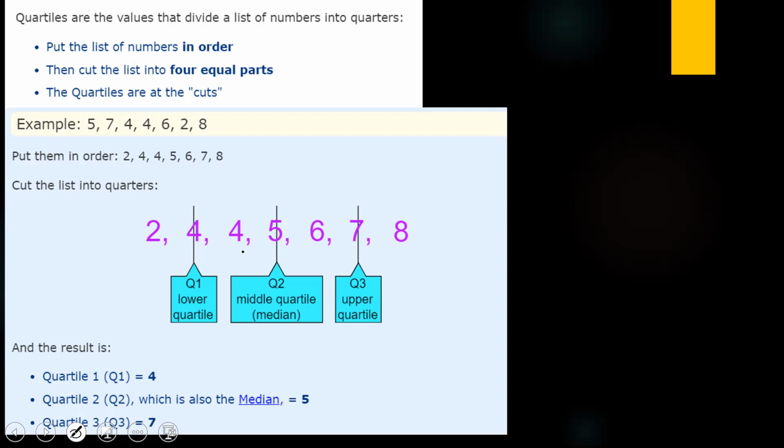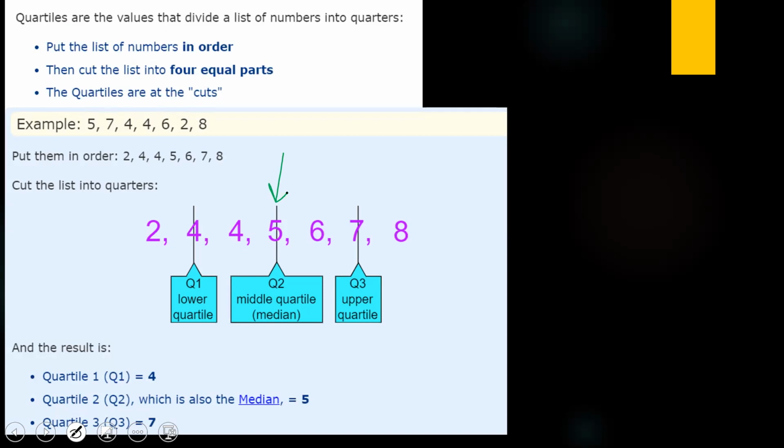The middle quartile, or the median, which is number 5 here. If you order the data, the number in the middle, which is number 5, we call Q2, or middle quartile.